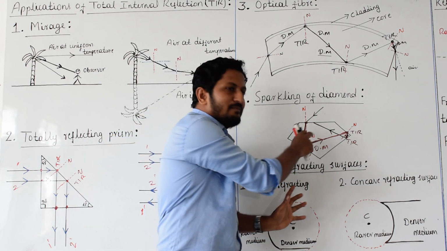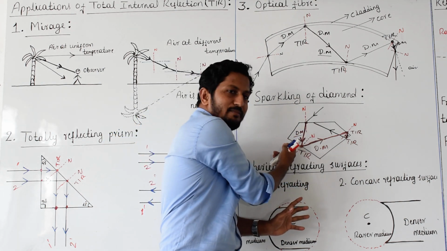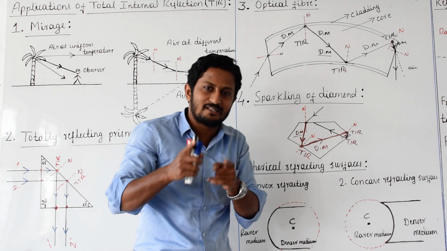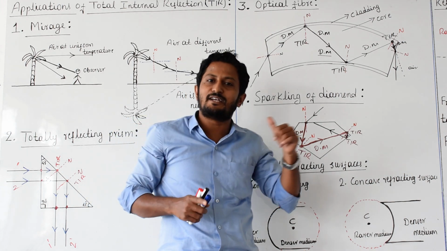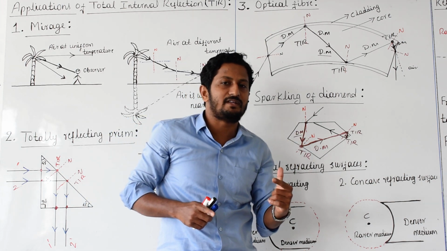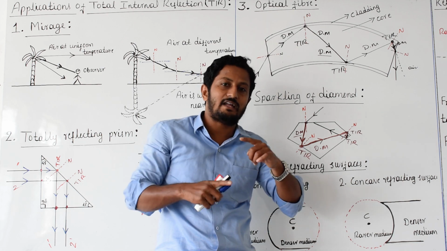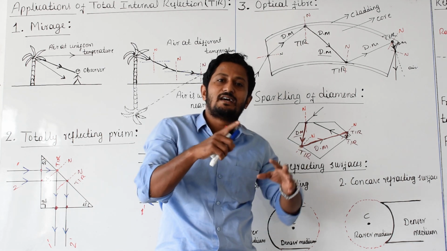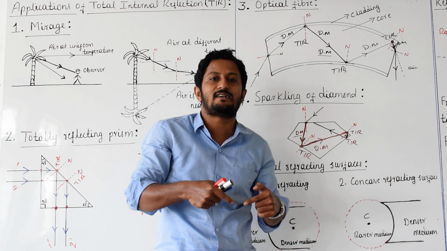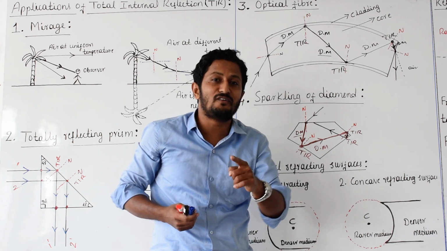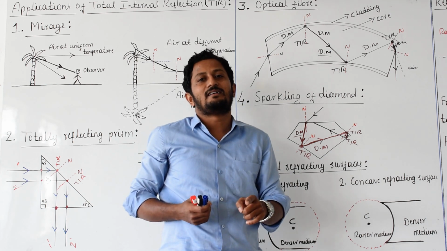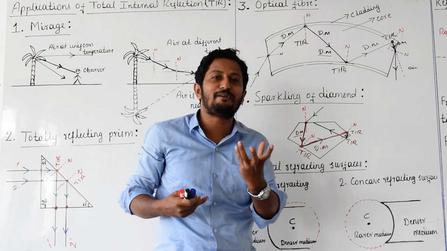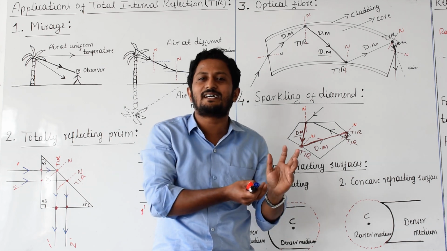It is moving randomly. Once light enters such diamond material, that entered light keeps moving randomly inside that diamond because of TIR.